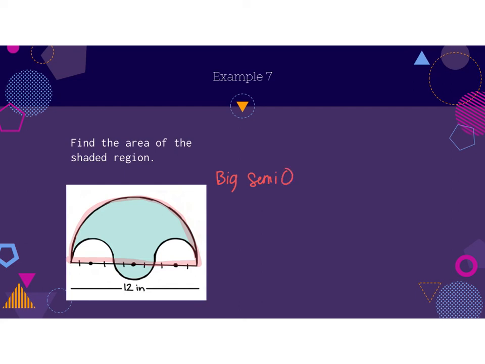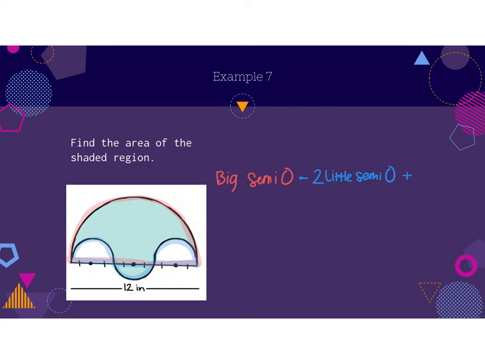Okay, then I see here that I have these two little semicircles that are the same, and I'm going to subtract those away because there's nothing shaded there, so minus 2 of the little semicircles. But then I also see down here, I want to add in one of those semicircles.